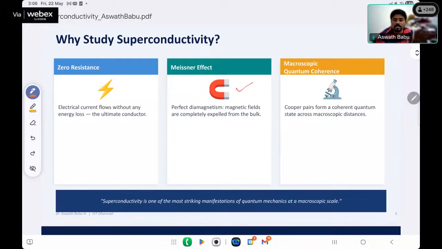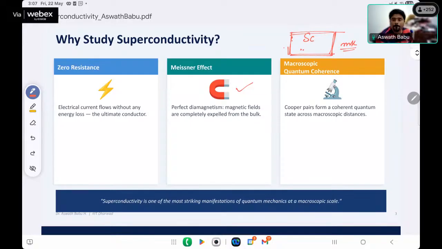And the next thing is macroscopic quantum coherence. What I mean is, if I have a superconducting material and I somehow make some phase changes inside the system by reducing the temperature to very, very low values, let's say millikelvins, you know what happens? The electrons start pairing up.